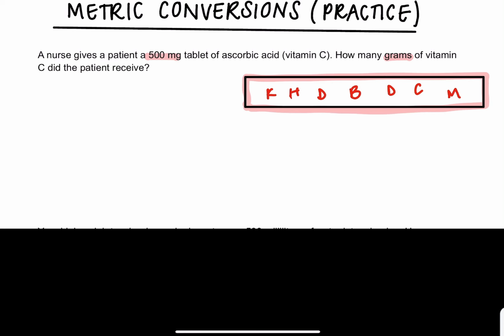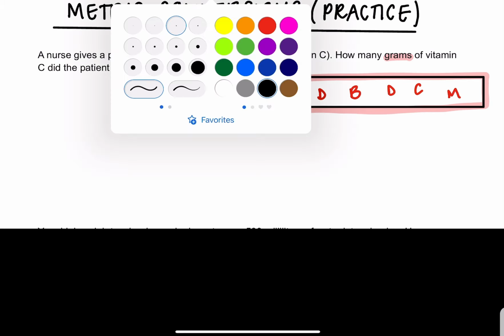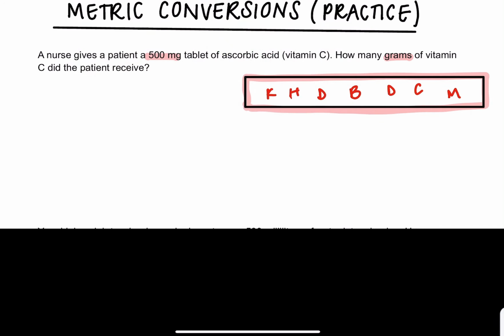Now, the important part is to remember your start and your end. So where you're starting, which here we're starting with 500 milligrams, and our end is going to be grams because that's what we want our final unit to be in, so grams.